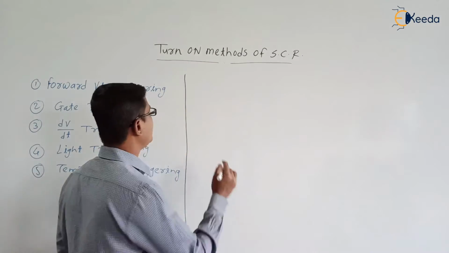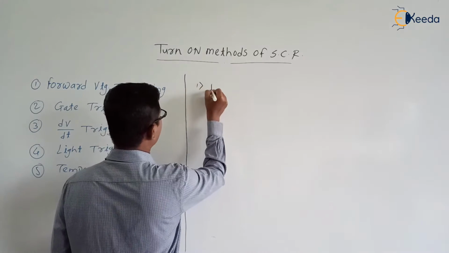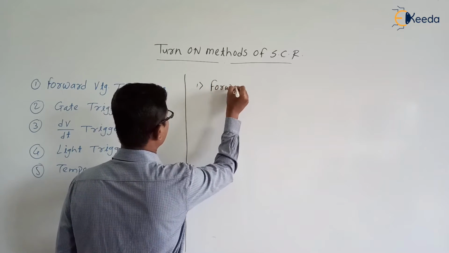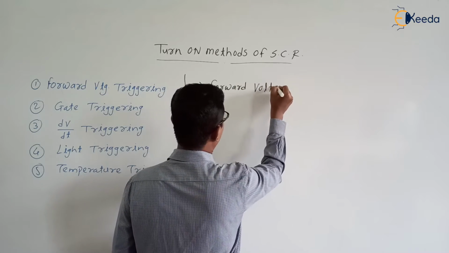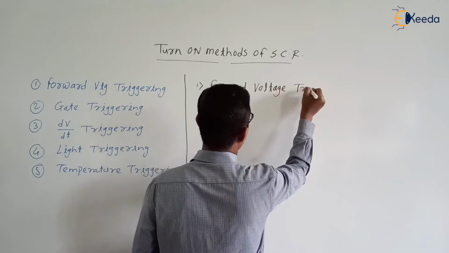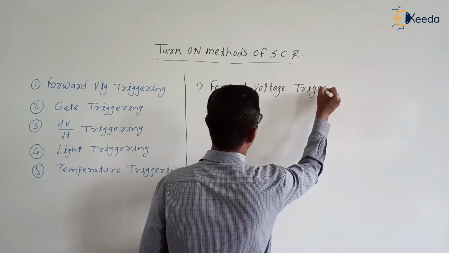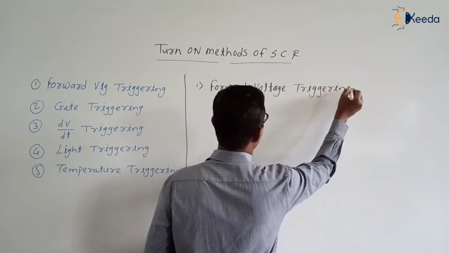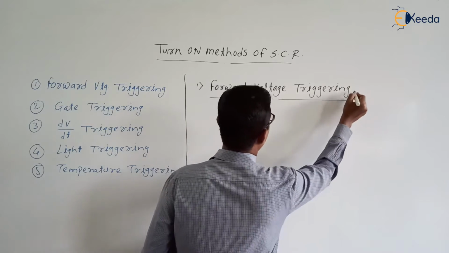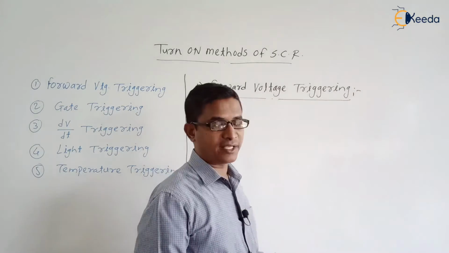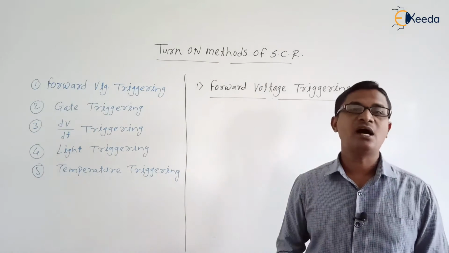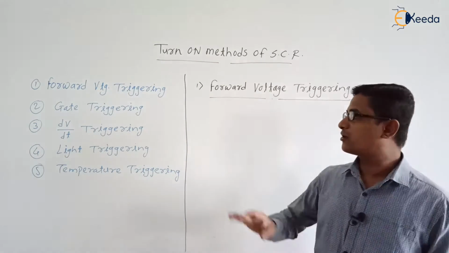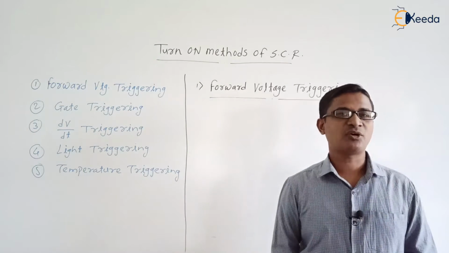Forward voltage triggering. In this method of triggering of an SCR, generally we maintain a high forward voltage across the anode and cathode terminals of the SCR.